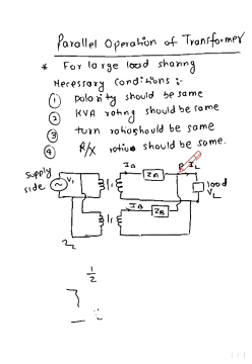If we apply KCL at point P, we will find that IL is equal to IA plus IB, where IL is the load current.